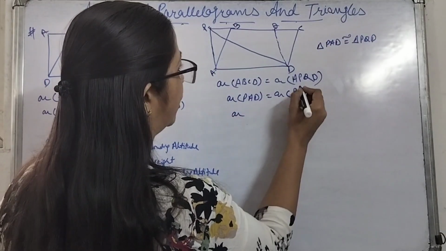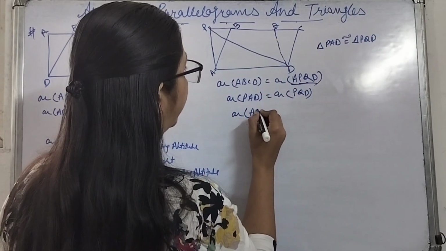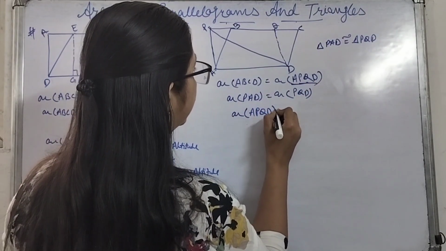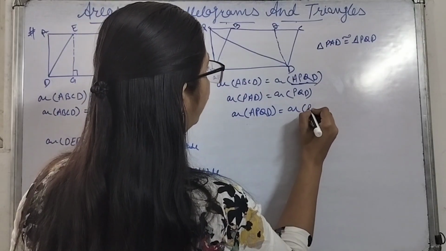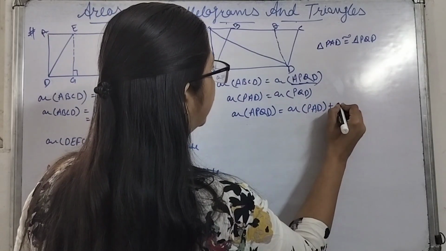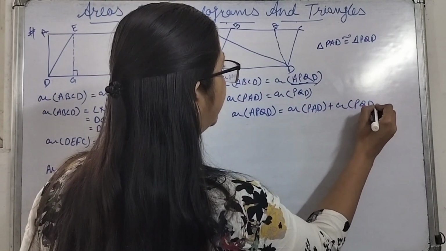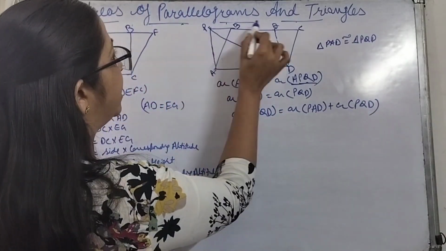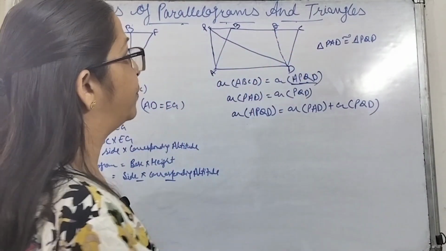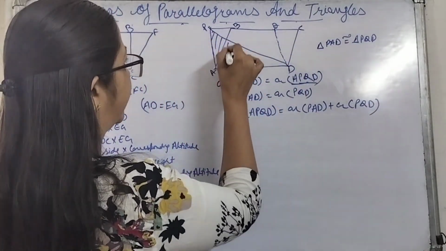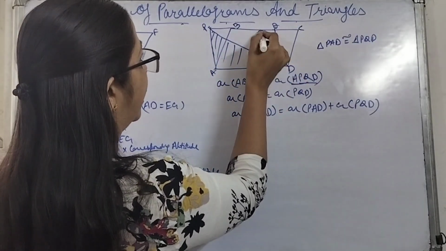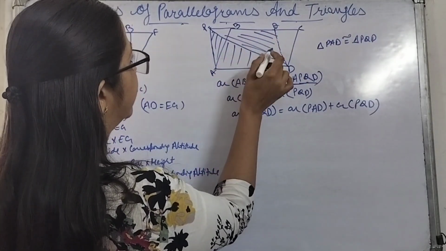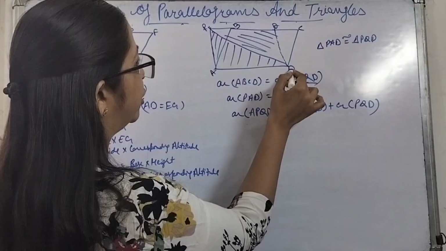Now, area of parallelogram APQD could be written as area of PAD plus area of PQD. This APQD is a parallelogram. If we add area of this triangle and area of this triangle, then we will get area of APQD.